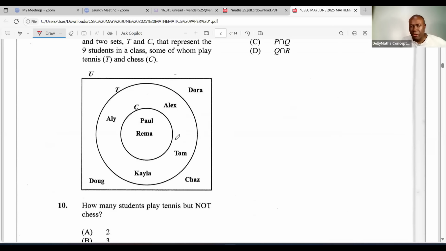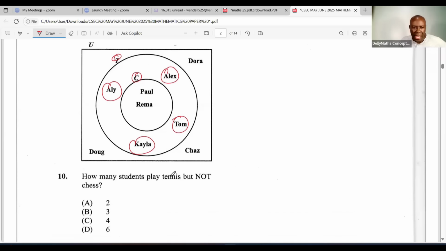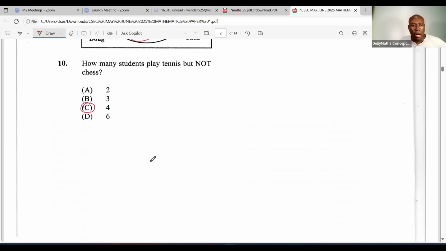We have a subset. C is for chess, T is for tennis. So tennis but not chess would be these on the outside: 1, 2, 3, 4 persons. Those 4 persons play tennis, but they don't play chess. So how many of them? 4, right? That one is kind of straightforward.